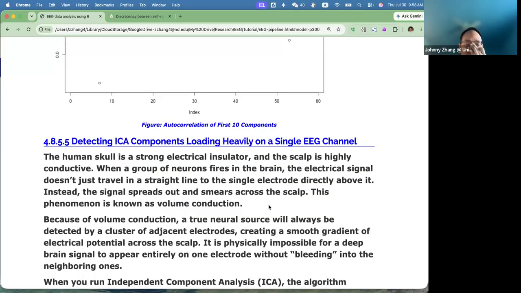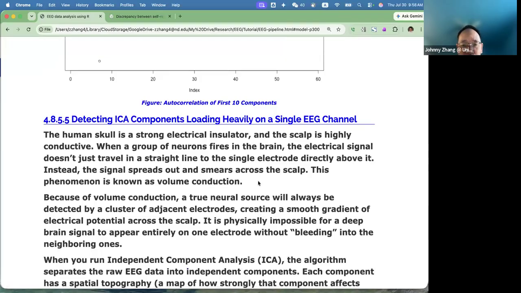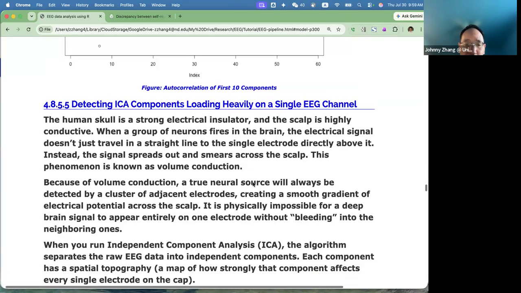Another way to detect bad components is to look at whether a component loads heavily on a single EEG channel. This means the component is only related to one channel. But as we know, oftentimes EEG electrodes will detect information from multiple sources, right?